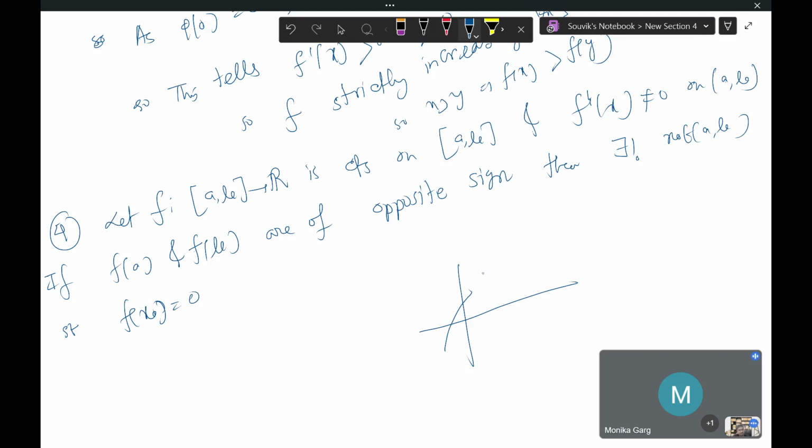And f a and f b are of opposite signs, which means one is in the first quadrant and the other in the fourth quadrant.